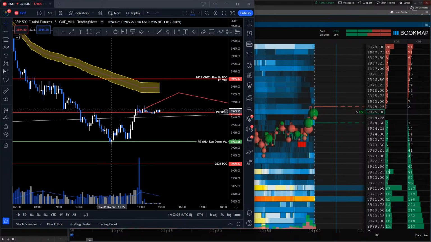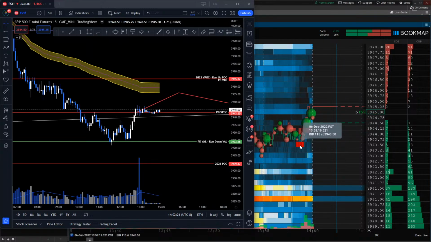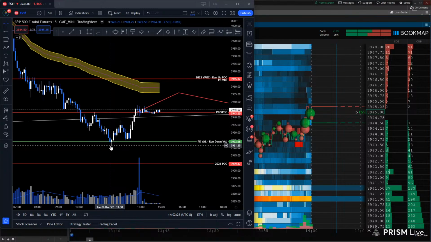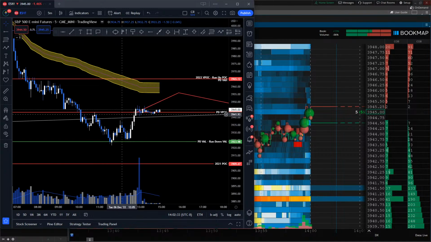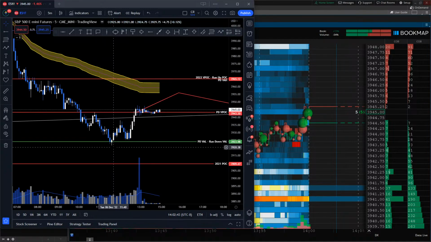This wouldn't have been on your charts today because it's the previous day, but if it was, and you see here at 39.43, where I know we had a lot of orders on Bookmap, this was just an easy short and it gave you 20 points. So when you combine the levels from your volume profile with Bookmap, it's pretty deadly for scalping, and also for catching these good 20-point moves.